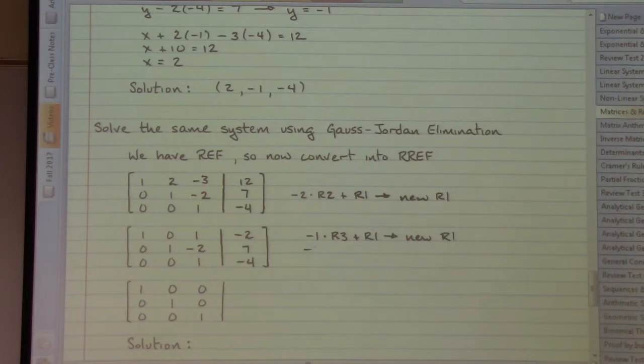And if I do a negative 2 times row 3 plus row 2, I will get a new row 2. Row 3 stays the same.